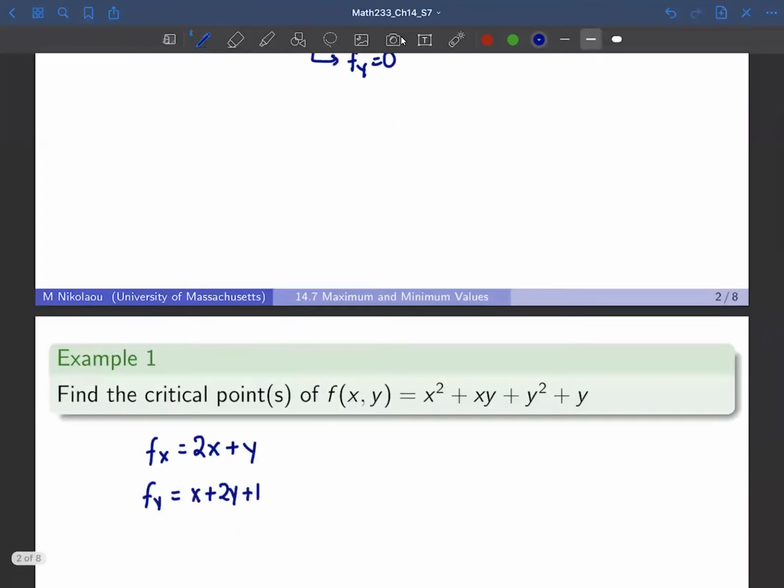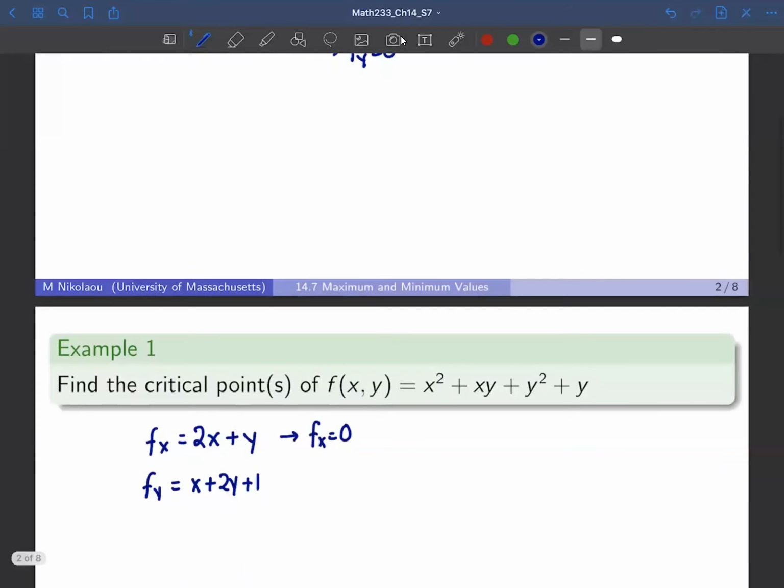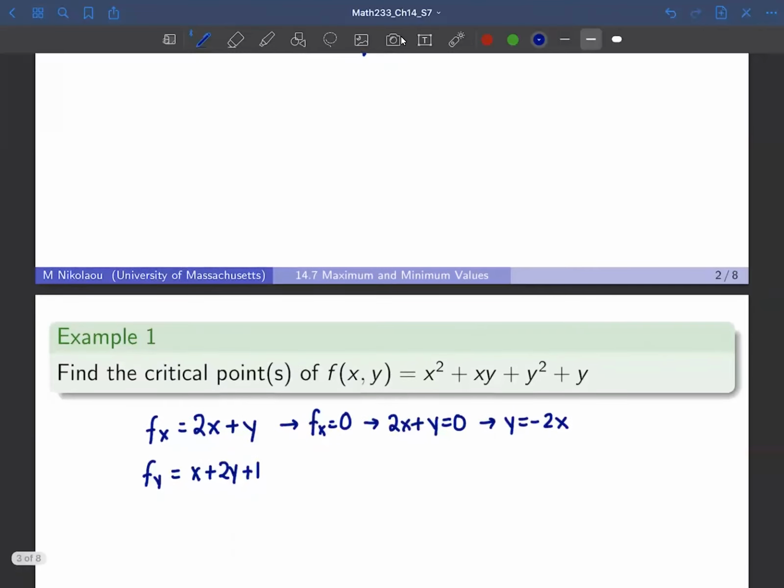Setting the partial derivative of f with respect to x equal to 0 in order to find the critical point, we have that 2x plus y is equal to 0. So that means y is equal to negative 2x. Now setting fy equal to 0, that gives us x plus 2y plus 1 equal to 0.